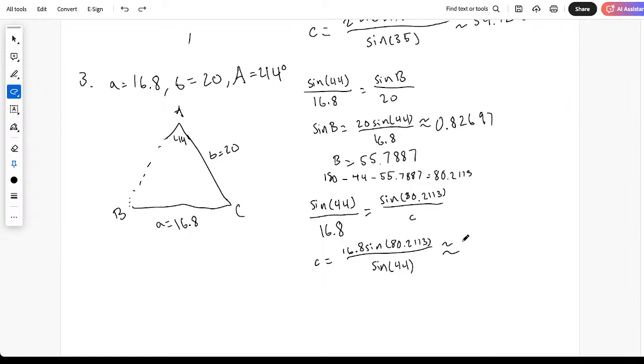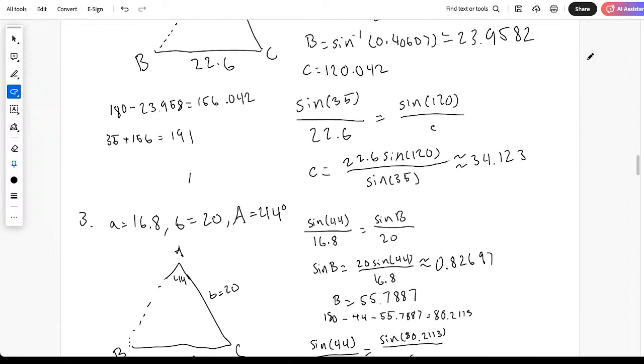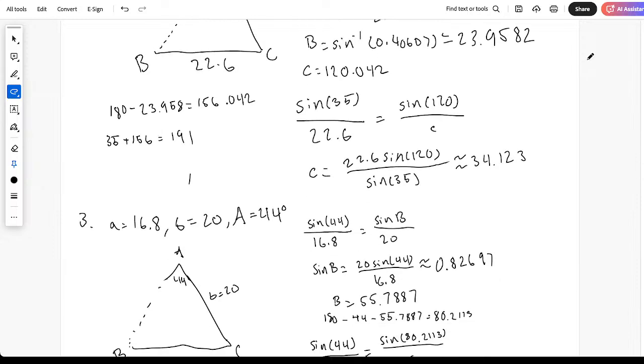Whoa. Okay, so this equals 23.834, and then round that off to 6, because it is 5.7, so we'll just round it. Okay, so then we take, actually, we don't even have to take that, I don't think.